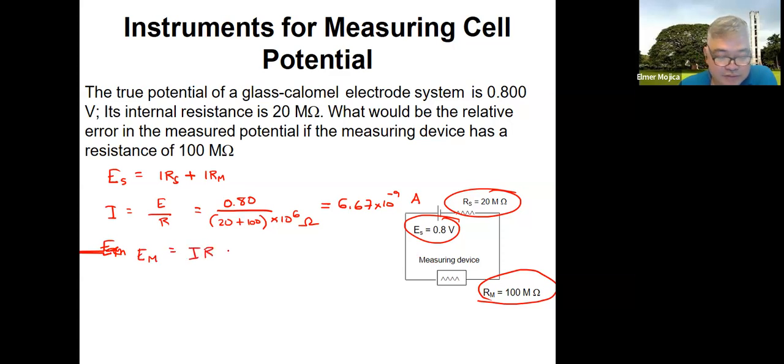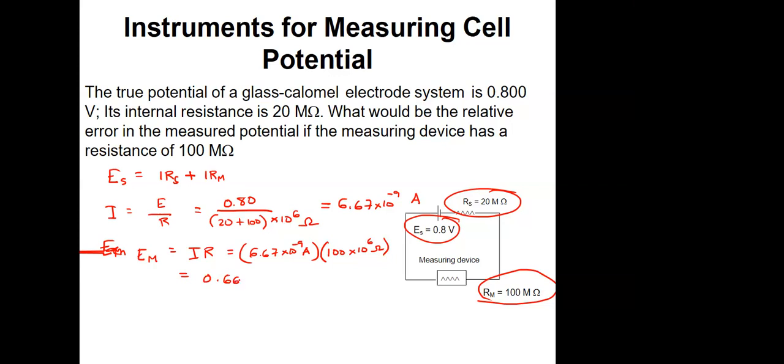IR, am I right? So the current now is 6.67 times 10 to the negative 9 ampere, and then the resistance of the measuring device here is 100 times 10 to the 6 ohms. So this is equal to 0.667.